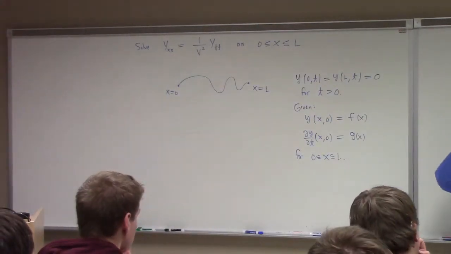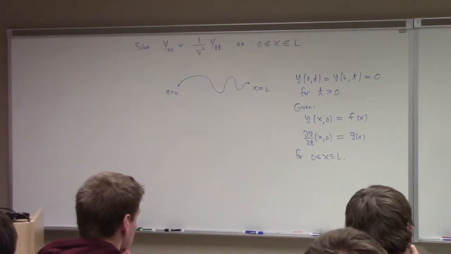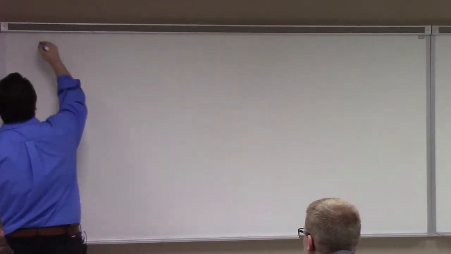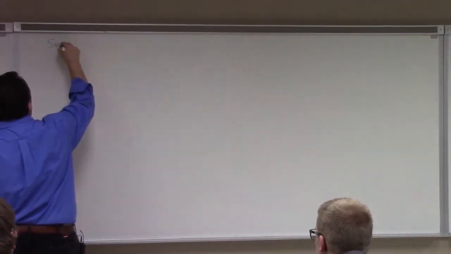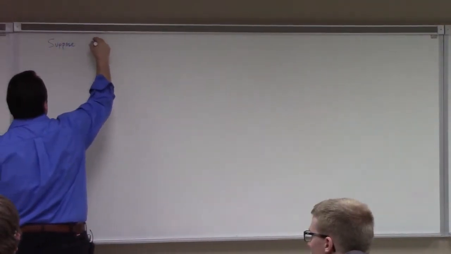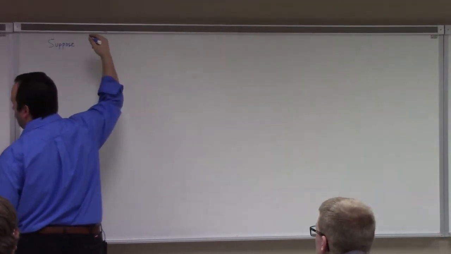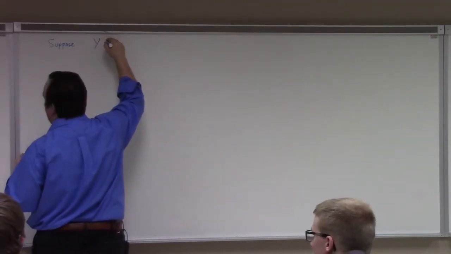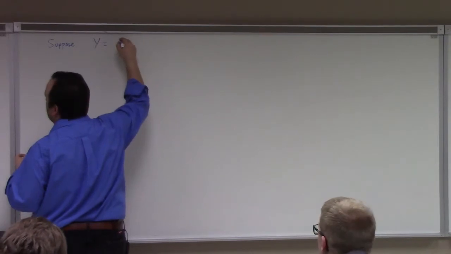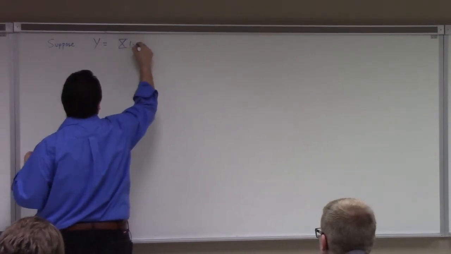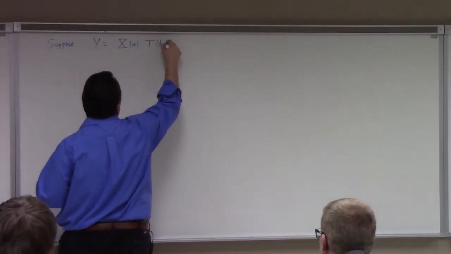So what's our starting point then? We assume that the solution is a product solution. In other words, that we can write y as a product. We'll suppose y is equal to, let's say, X of x times T of t, right?